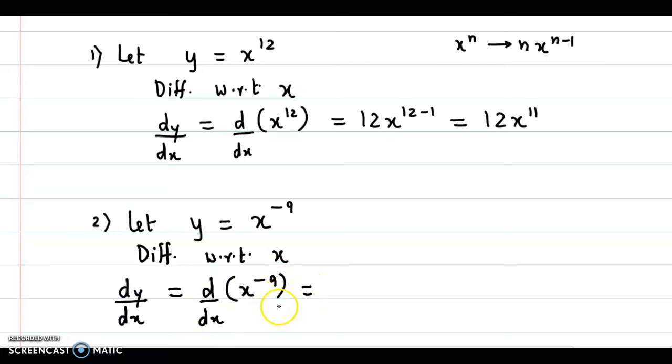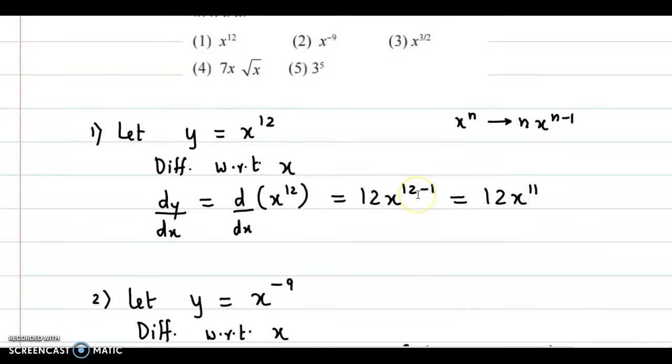Again we use the same formula: the derivative of x raised to n is n times x raised to n minus 1. In this case n is minus 9, so we have minus 9 into x raised to minus 9 minus 1, which is equal to minus 9 into x raised to minus 10.